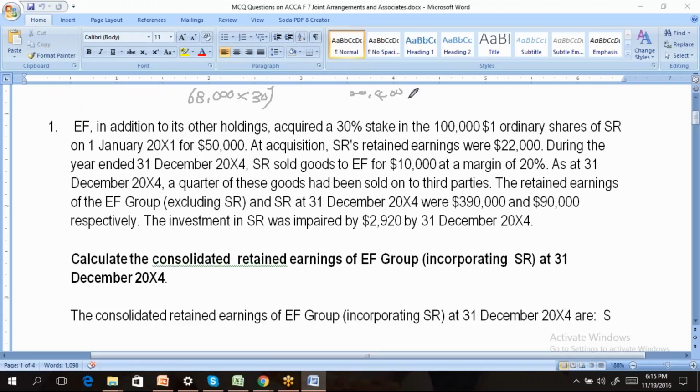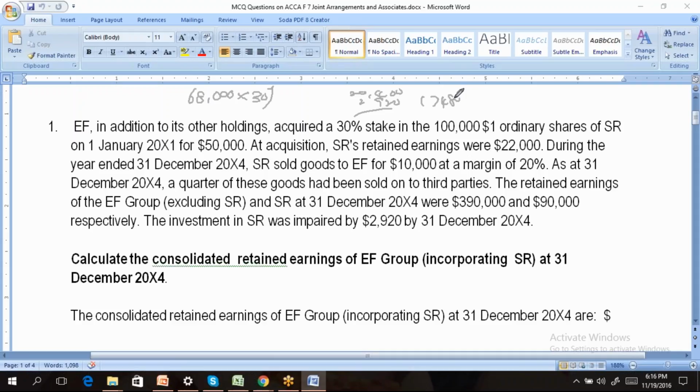So 20,400 minus 2,920 is the amount we can take from the associate company. That works out to 17,480. So that is the post-acquisition share that we will take. Remember the impairment applies only to us. Don't take 30% of the impairment. Impairment is 100% for us. So 17,480 is the figure.